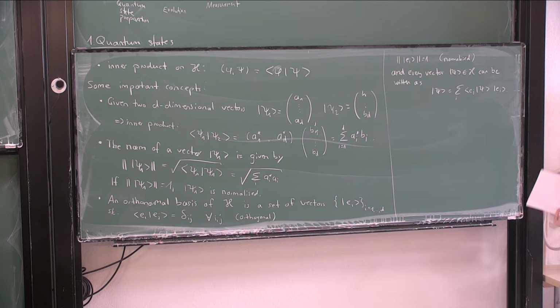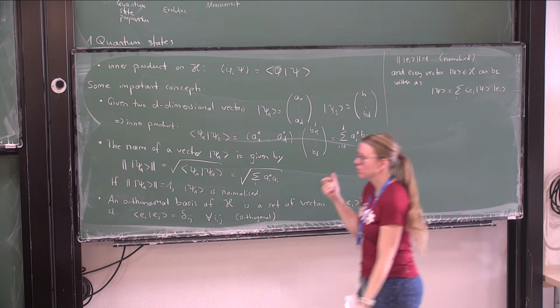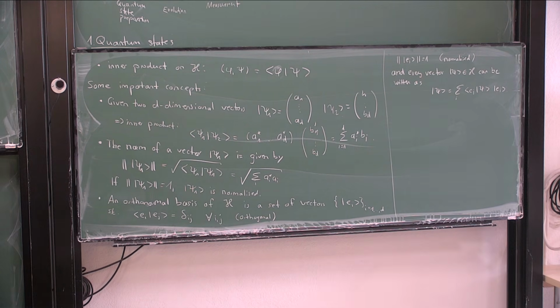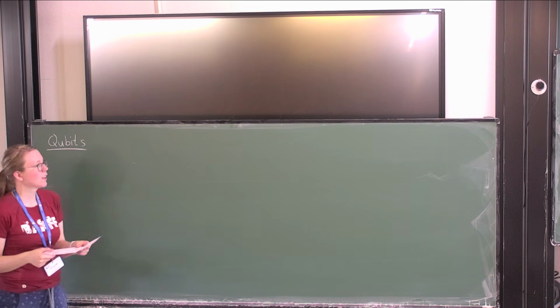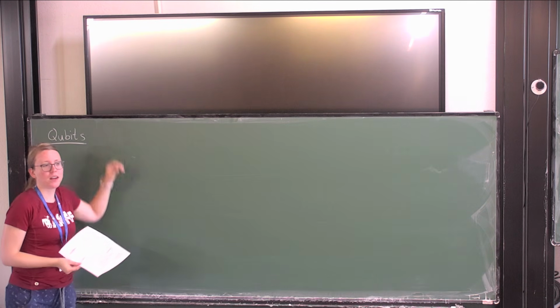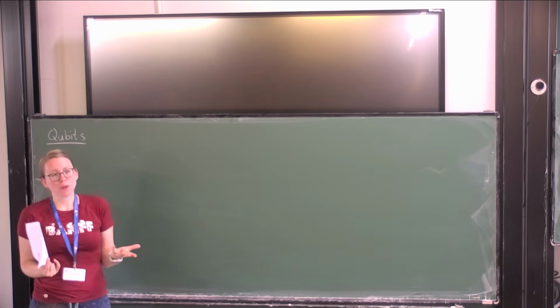Okay, so these are the basic elements that we need. Now we go to the most important kind of object that we'll discuss in this lecture, which is the qubit. Qubits are generally the quantum version of bits.